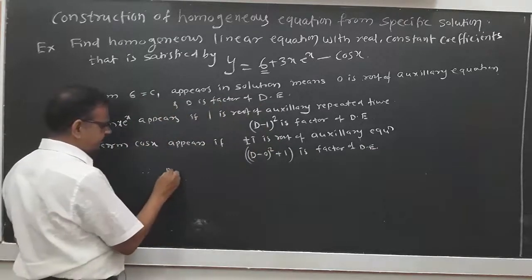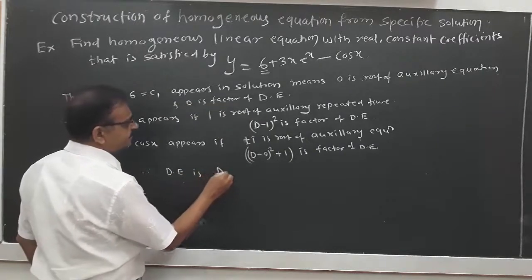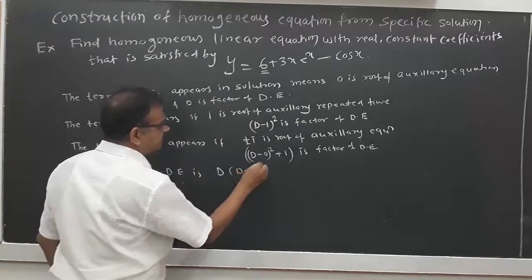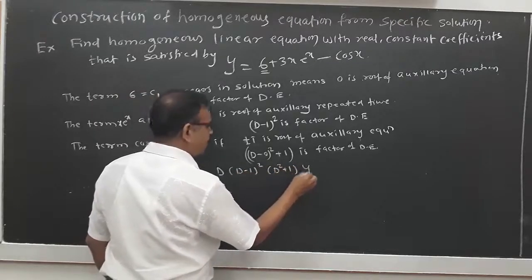Therefore, the differential equation is D (D minus 1) squared (D squared plus 1) y equal to 0.